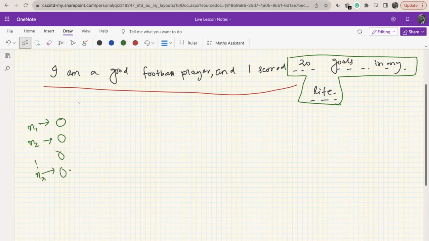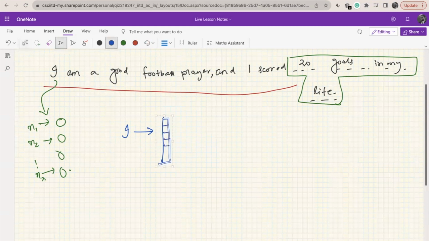But how can we pass a word into this network? It's very difficult; you cannot pass a word into the network. So to do that, we find embeddings. What are embeddings? Embeddings are a representation of a word in a vector way.